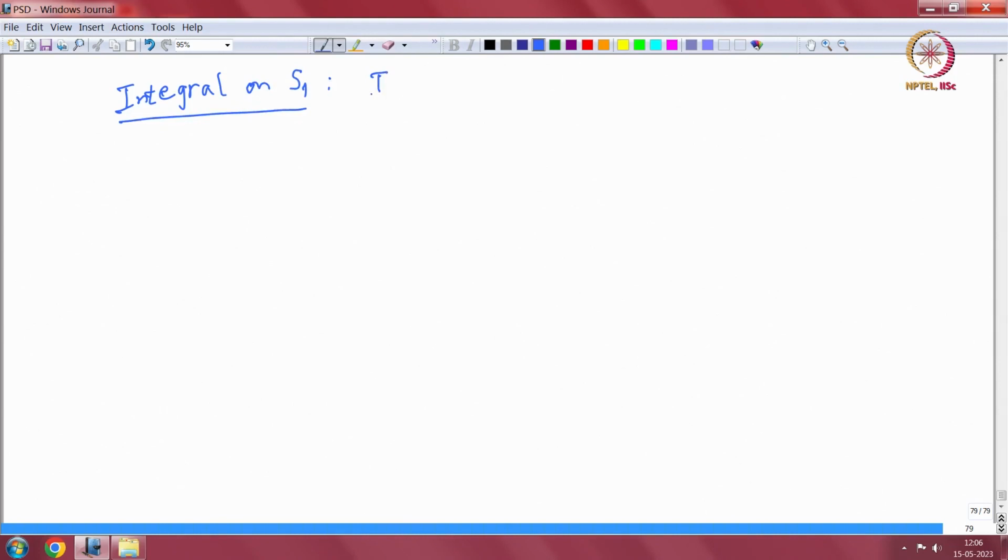So if f from S1 closure, S1 itself we can assume to be closed, but I'll just write it, is continuous, then its integral, I'll write it as integral over S1 of f ds.